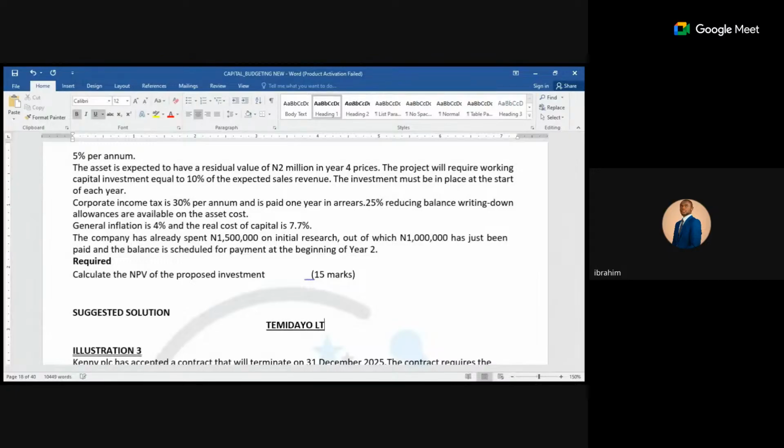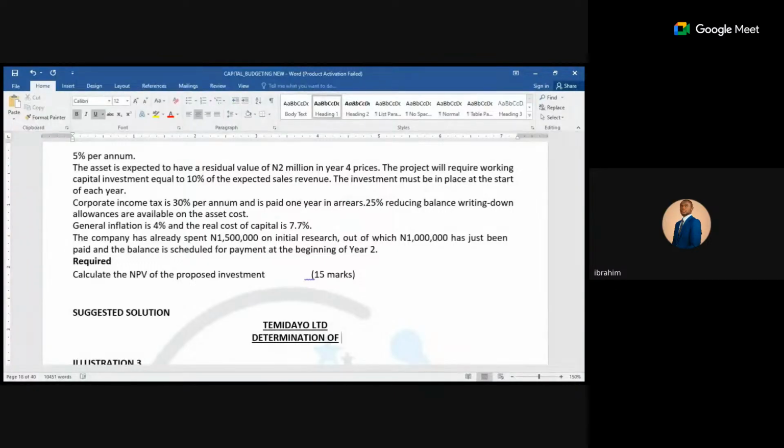Maybe it's like this. Determination of proposed net present value on investments.